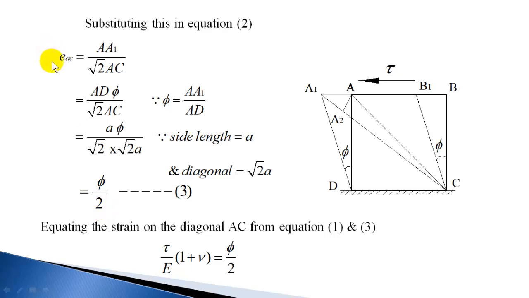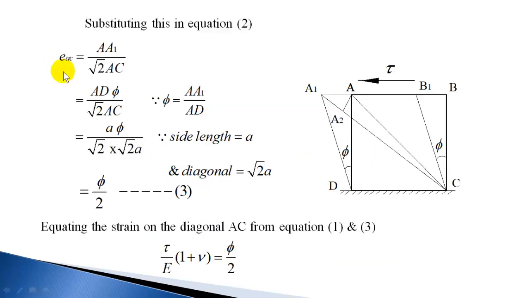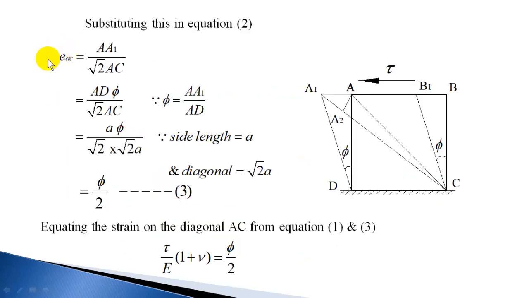Now we already obtained a relation for epsilon AC in equation 1. The strain on the diagonal is tau by E into (1 plus nu). It is also equal to phi by 2.